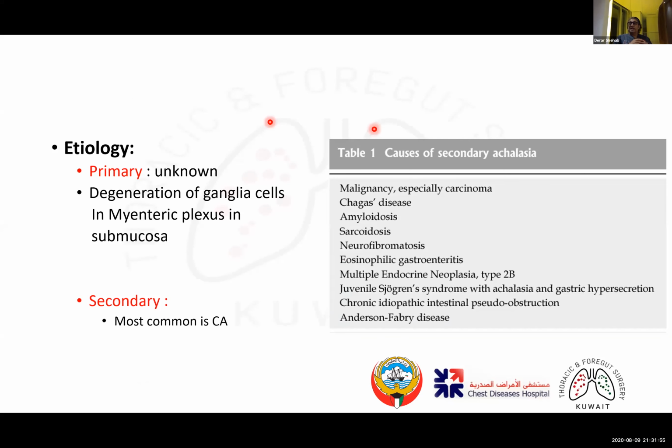We have primary achalasia and secondary achalasia. In primary achalasia, the etiology is unknown, but it was found that there is degeneration of ganglia and myenteric complexes. Secondary achalasia has many causes, like Chagas disease and sarcoidosis, but the most common is underlying cancer of the cardia.